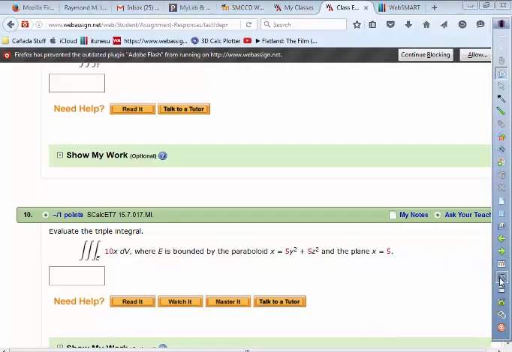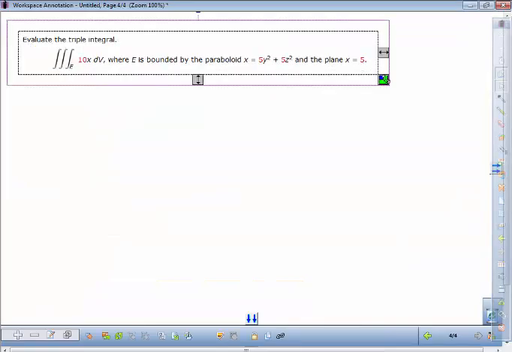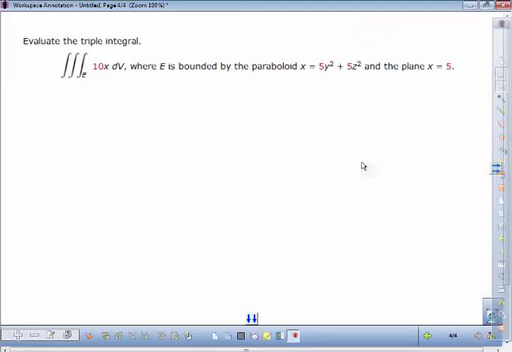Number 10 is a triple integral where the solid is bounded by a paraboloid. And again, from the conic sections in 2D to the quadric surfaces in 3D, you should be able to look at these surfaces and imagine how they might look.